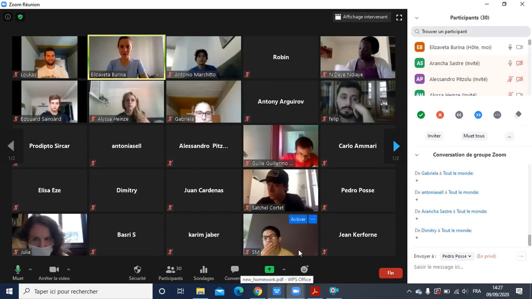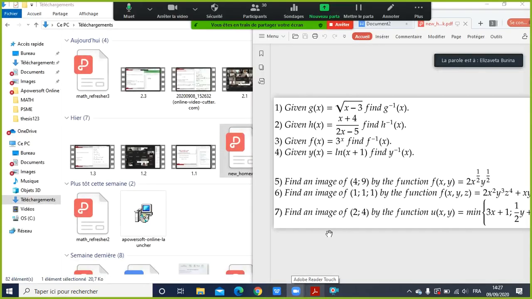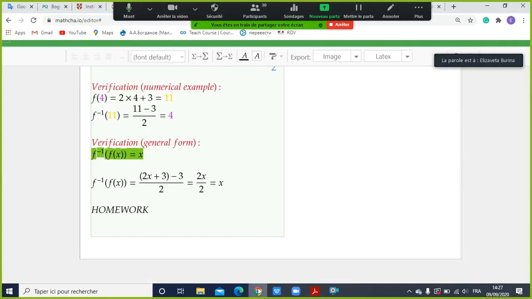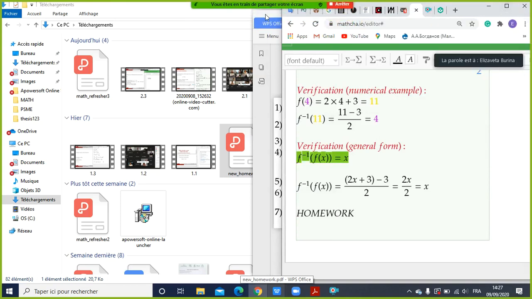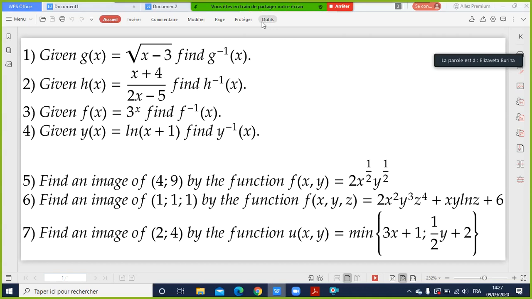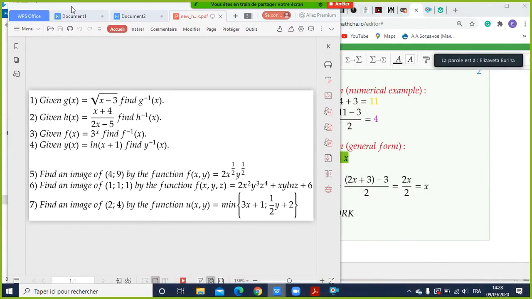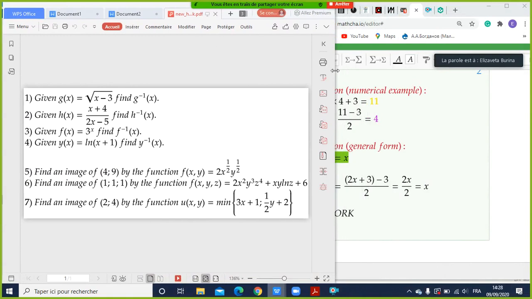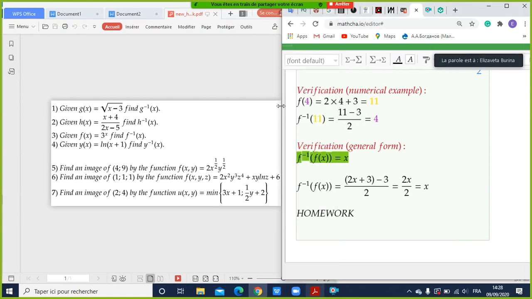Okay, wait a second. So I stop this, and then I'm gonna do a new share of just my screen. And just my screen for now looks like this, and then we do this, and this, and this. Okay, look, this is better, this is getting better. Okay, whatever.